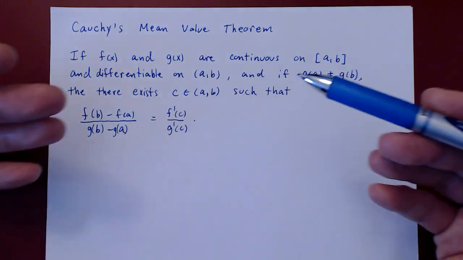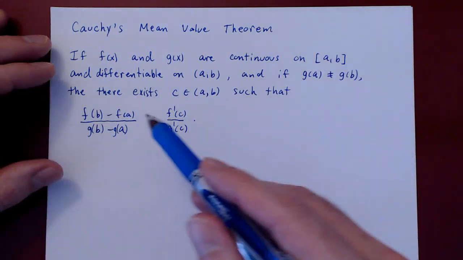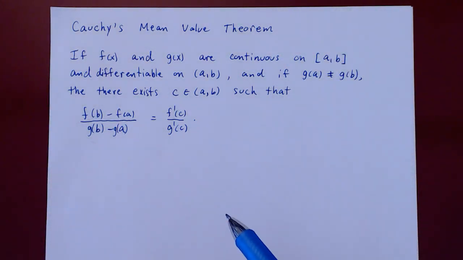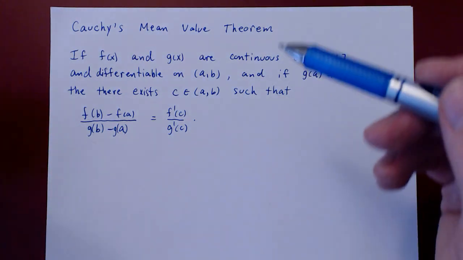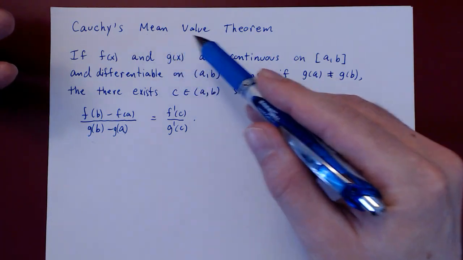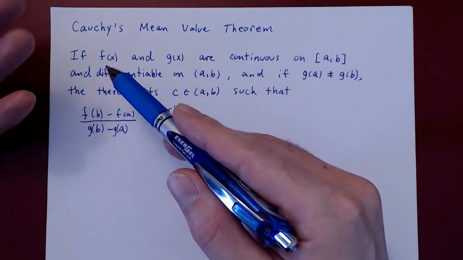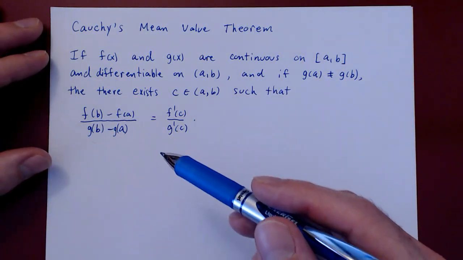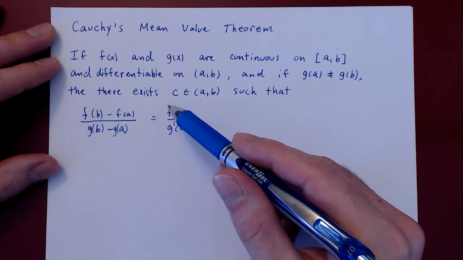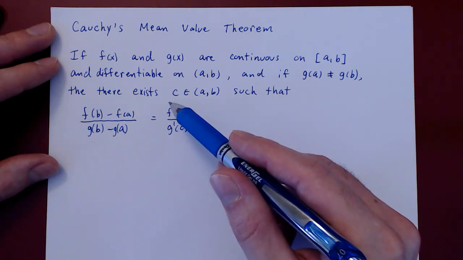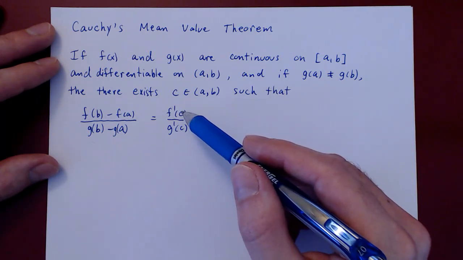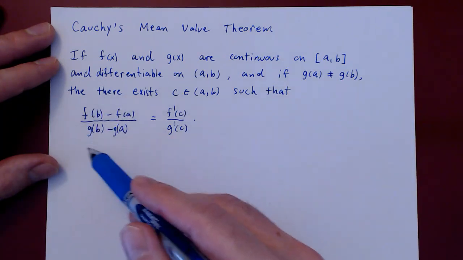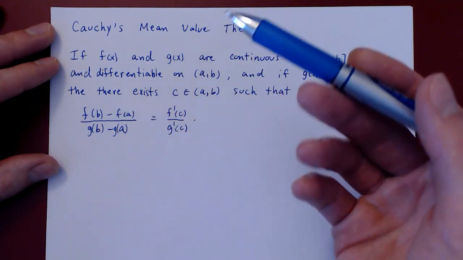Now how can you present this to make it very intuitive, almost trivial? Well, if you remember the idea from the original mean value theorem, we sketched a graph of f of x and we compared the slope of two lines. The right-hand side was the instantaneous slope of the function at c, so this was the slope of the tangent line to the function at some point c. The left-hand side was the average slope of the function.